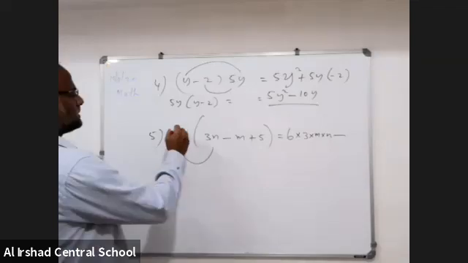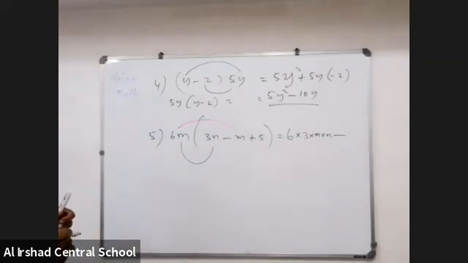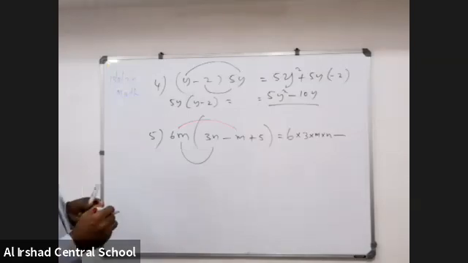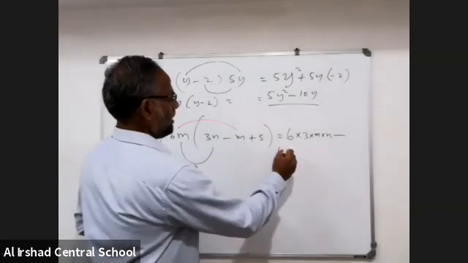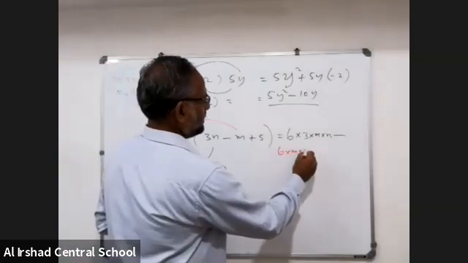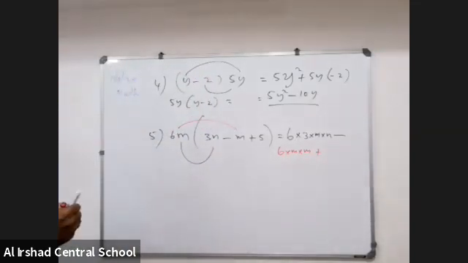Again, 6m into m, 6m, minus 6m, 6 into m, then plus. Tell me, plus.